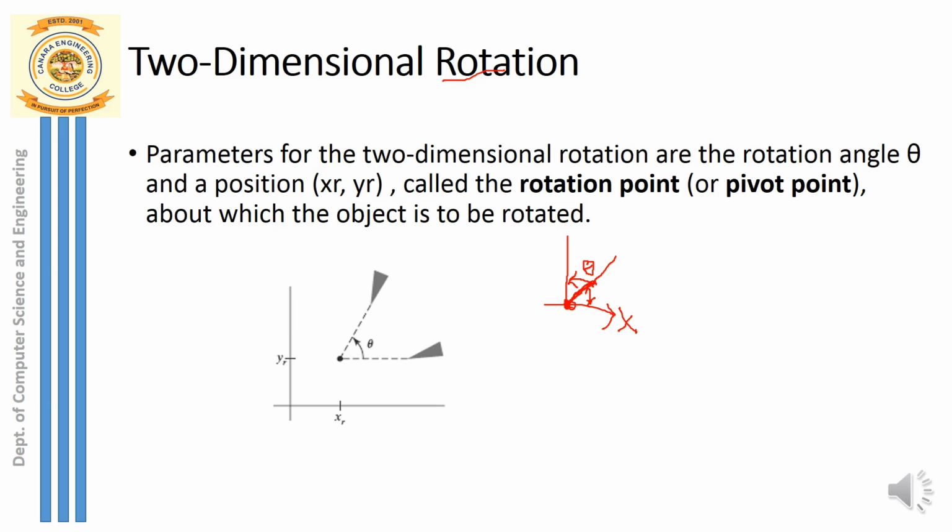So you require two important factors to perform rotation. One is the angle of rotation, and the other is the reference point, or the fixed point or pivot point, about which you are rotating the object. Usually we take the fixed point as the origin, but it need not always be the origin. Okay, so this is the basics about rotation.